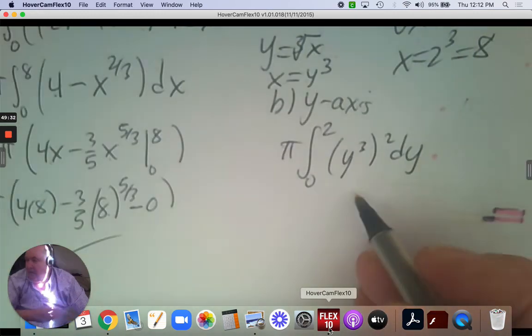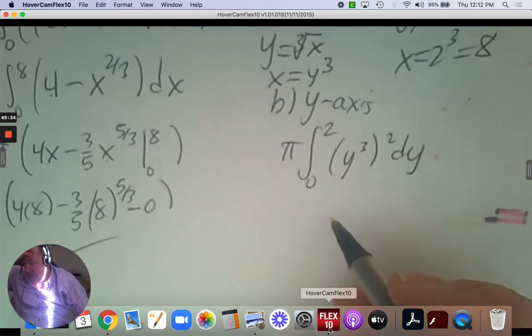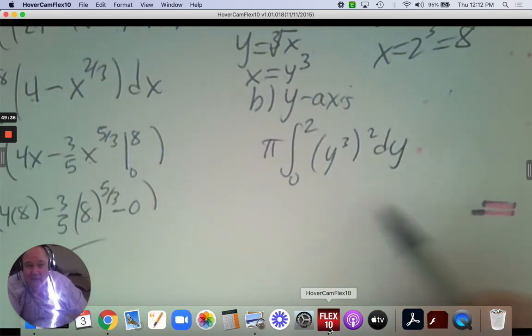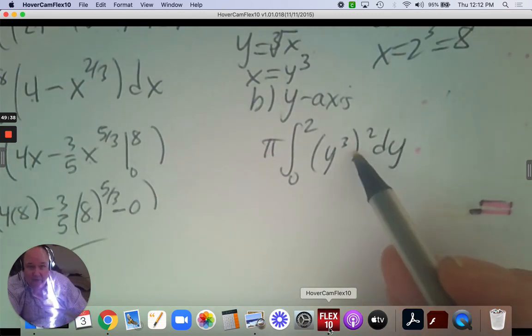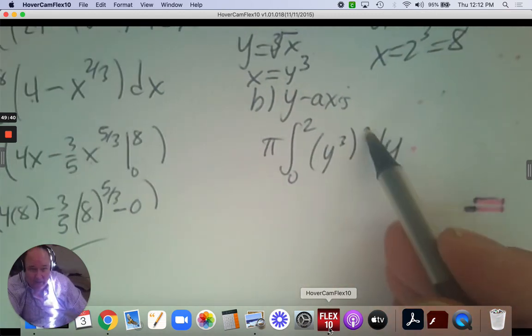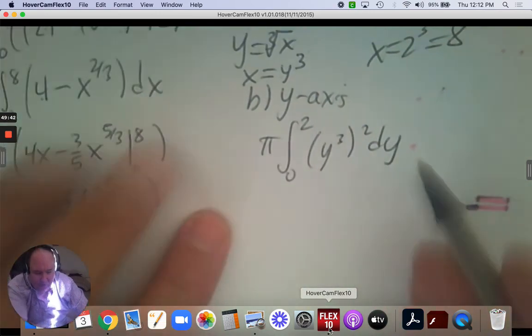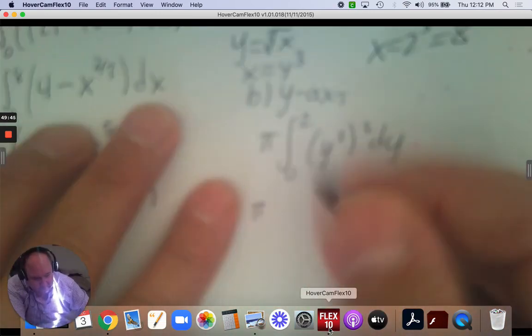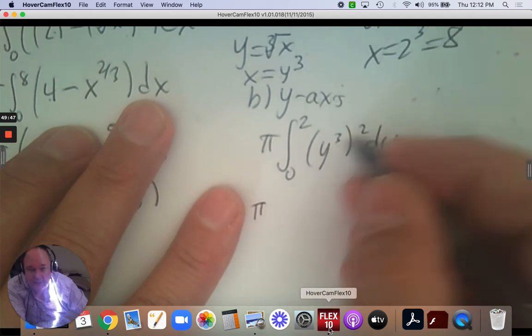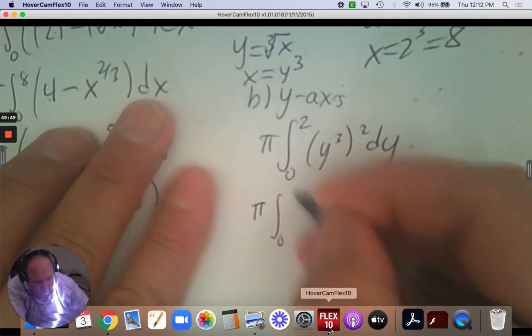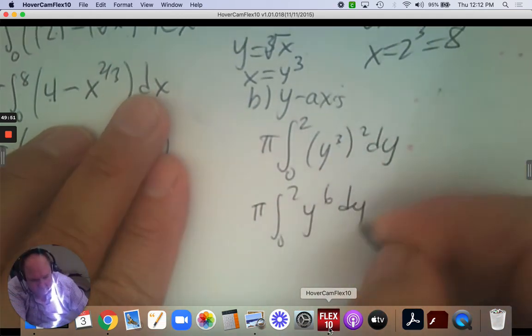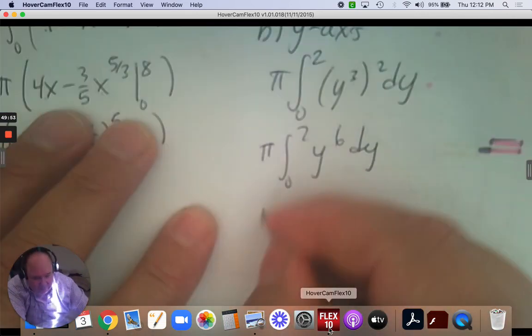And if you revolve it around there, that's what you get. Now, we actually need to find the volume. So that's y cubed squared. That's pi r squared. Now, how would I find the volume here? So 3 times 2 is y to the 6th. Now, do the antiderivative.